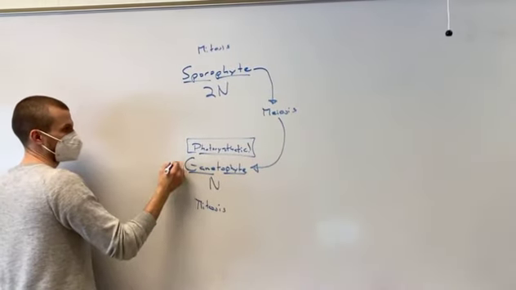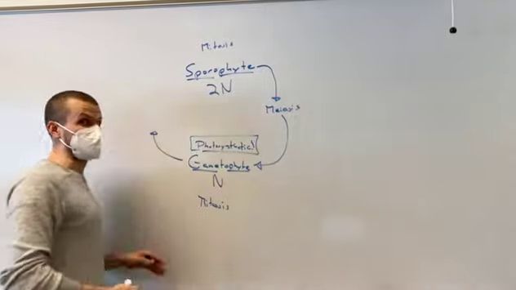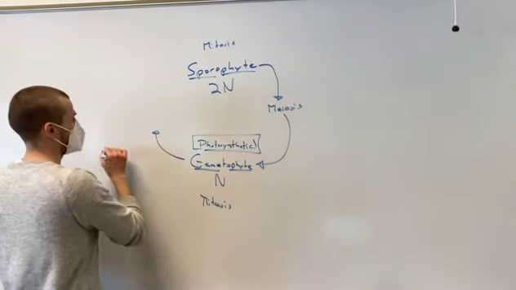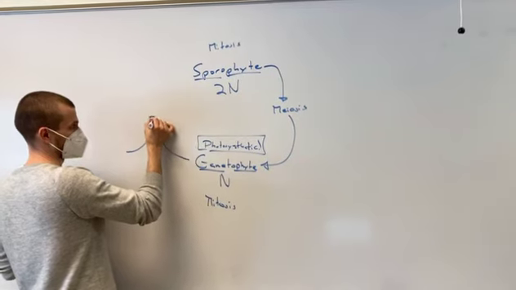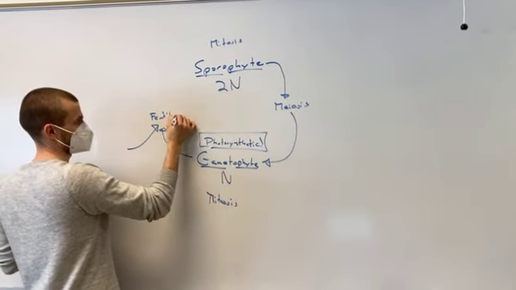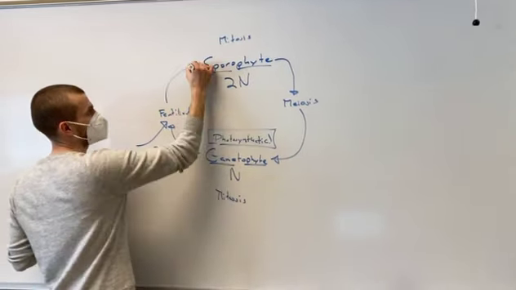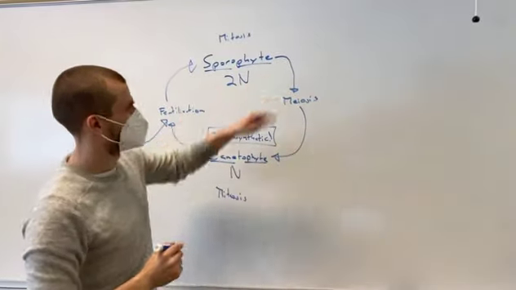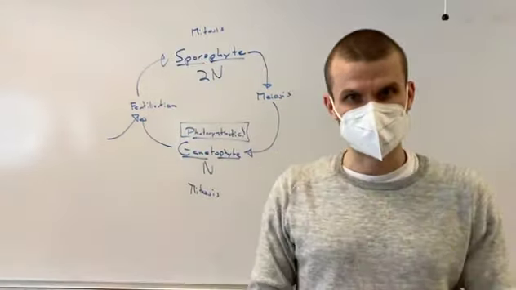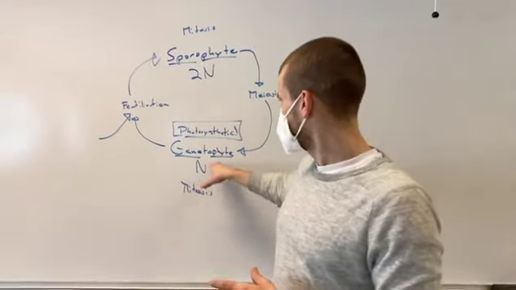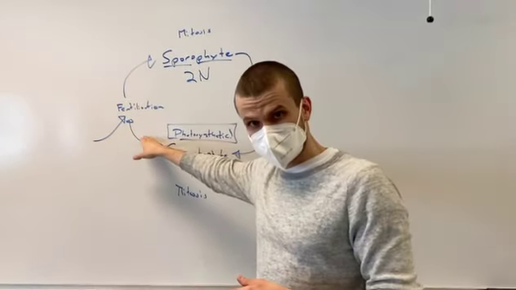The gametophyte will then go on to make either egg or sperm or both. And then when one egg and one sperm fuse in the process of fertilization, you then go on to make a sporophyte that will make those spores again. And so that's the repeated life cycle of these mosses. All of the green gathers the energy, makes the egg or sperm.